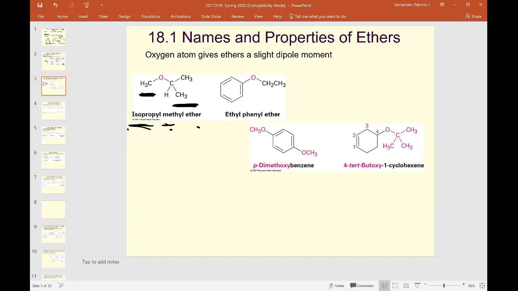Some other examples are in which, instead of using this terminology of alkyl ether, you can use the substituent here as being a methoxy. Because you have two methoxy groups and you have a phenyl ring, you can name this as para-dimethoxybenzene.